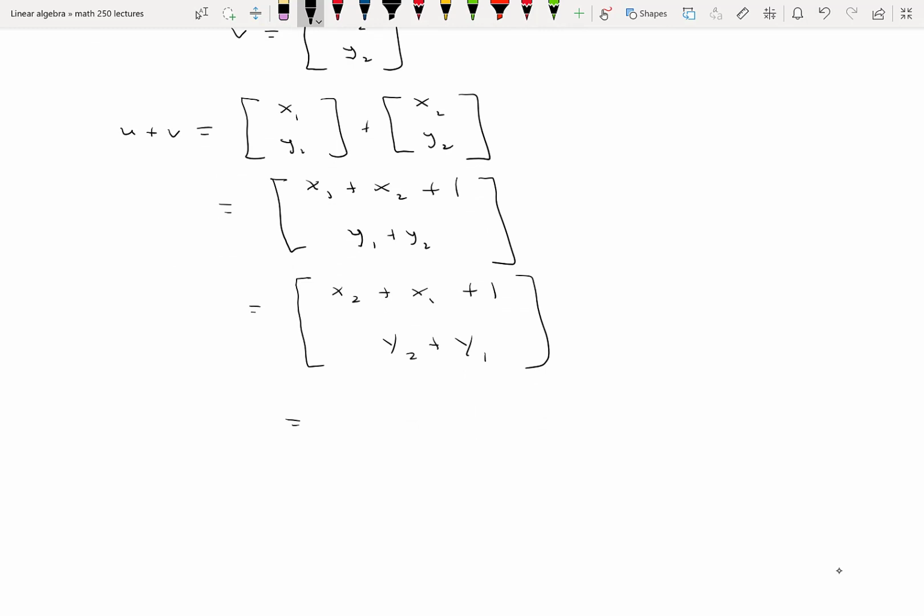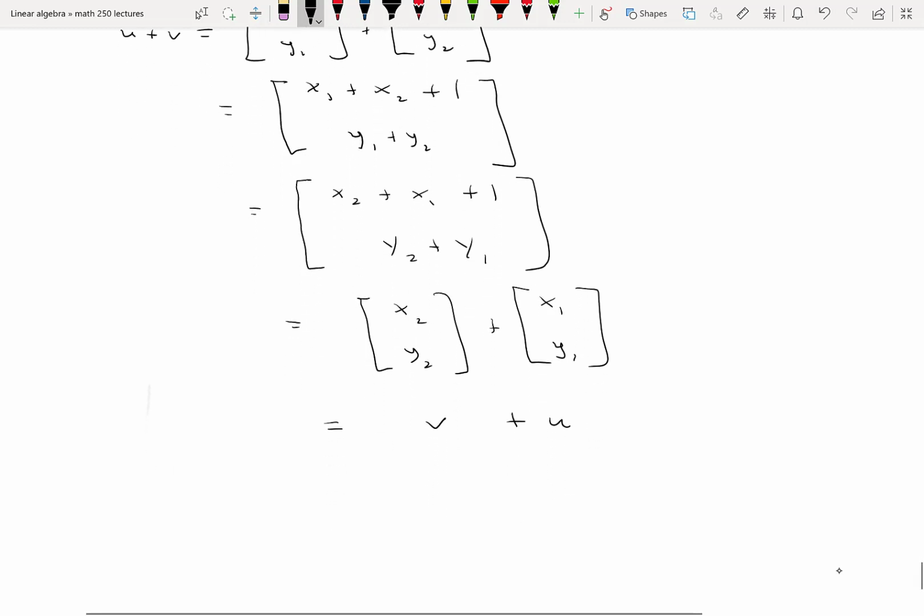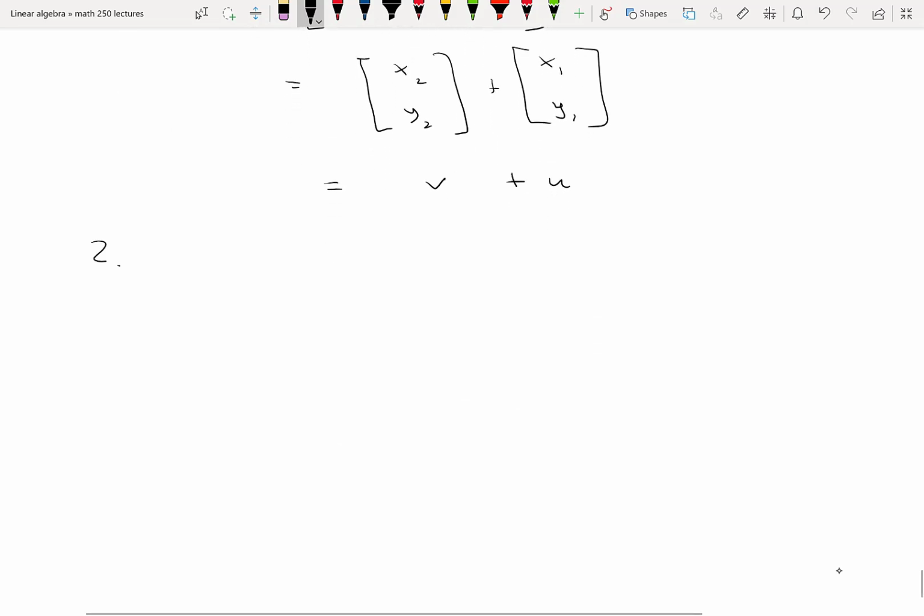This is the definition of the column vector x2, y2 plus the column vector x1, y1. This is v plus u. Well, this is not good news for us. We're trying to show that this doesn't form a vector space. So 1 works.